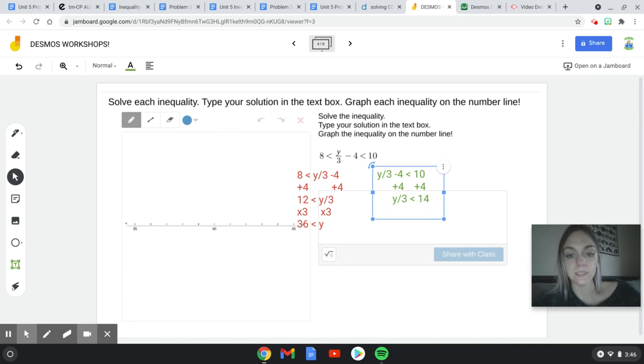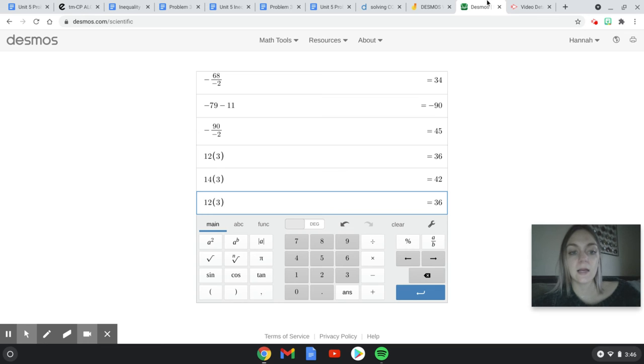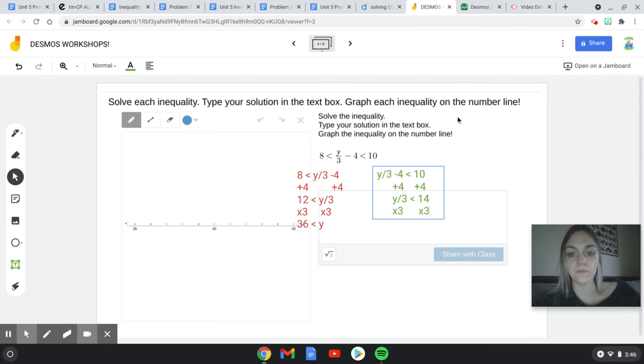Multiplication is the opposite of division. So multiplying both sides by 3, coming back to Desmos, I get 14 times 3 is 42. So then drop your inequality sign down, 42.